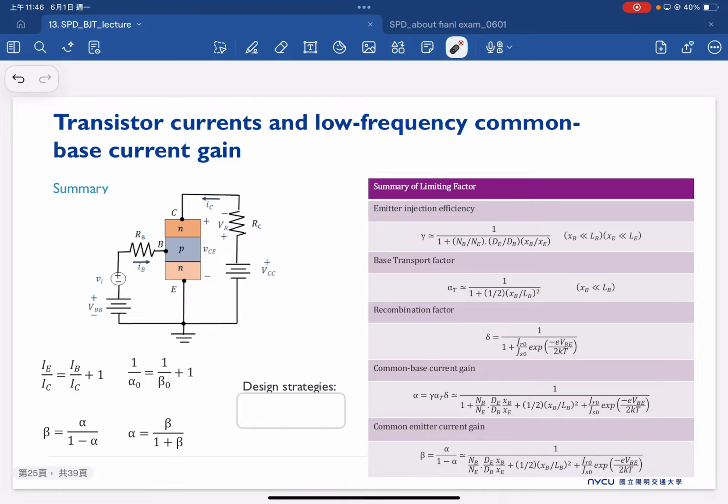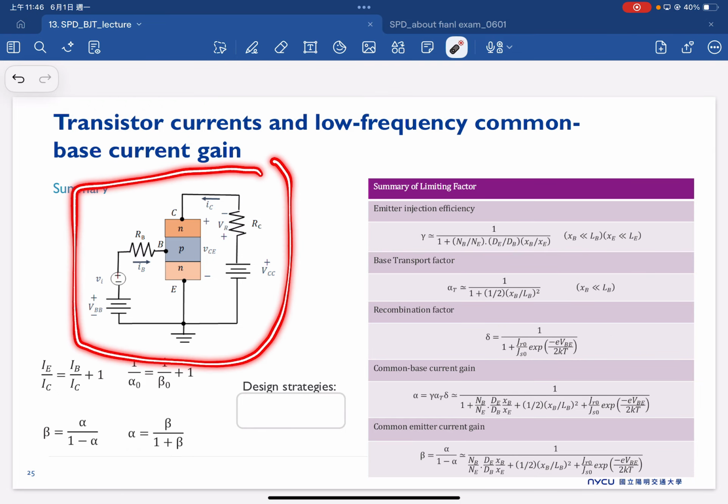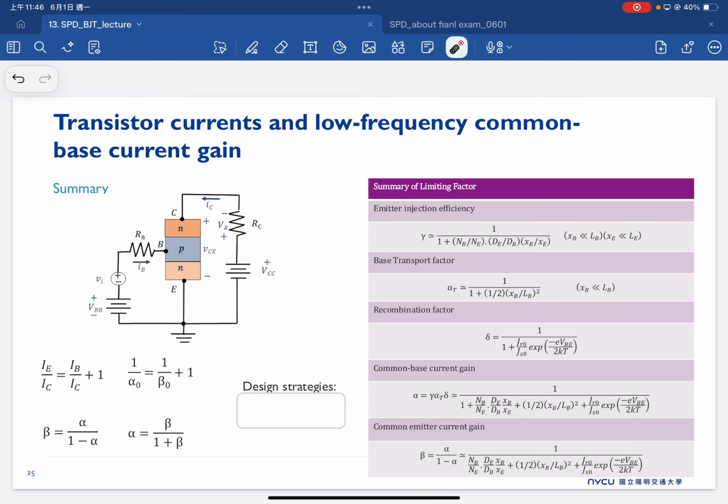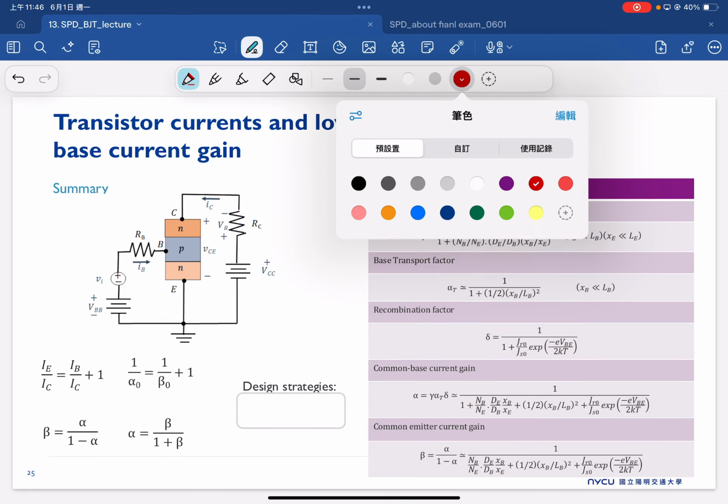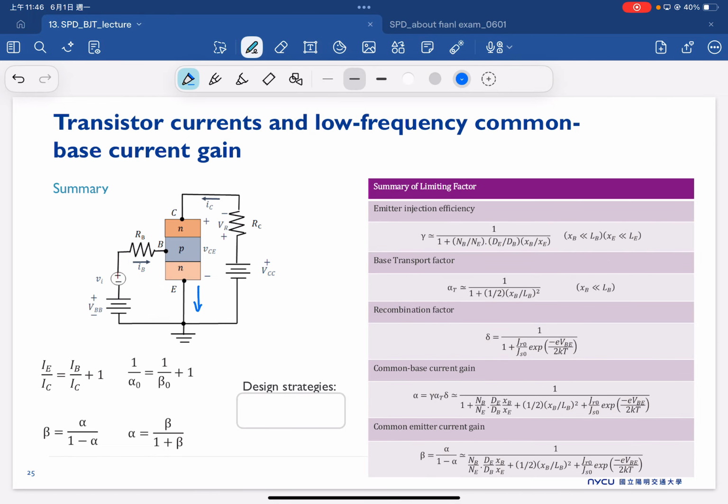So finally, this is a summary. Now we have to consider again this schematic, where there are three most important currents here. First one is collector, second one is base, and we also have the emitter current.